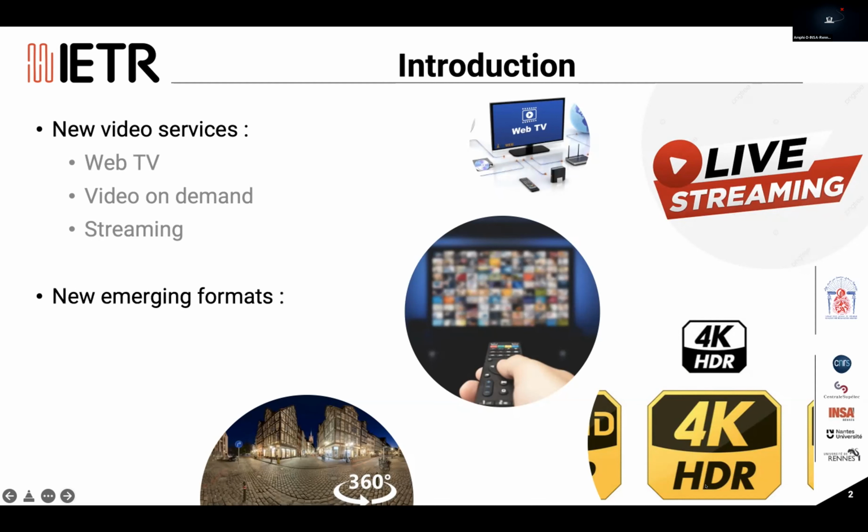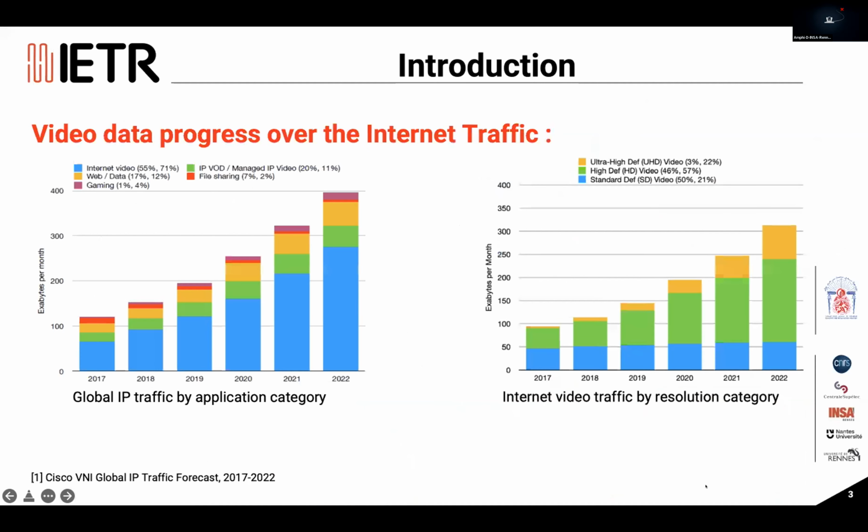Moreover, emerging video formats, like ultra high definition, 4K and 8K, have increased video content in internet traffic, which is confirmed by a recent study conducted by Cisco, where they presented the global internet traffic by application category, and the global internet traffic for video by resolution category.